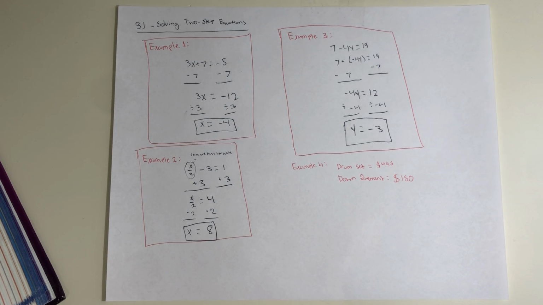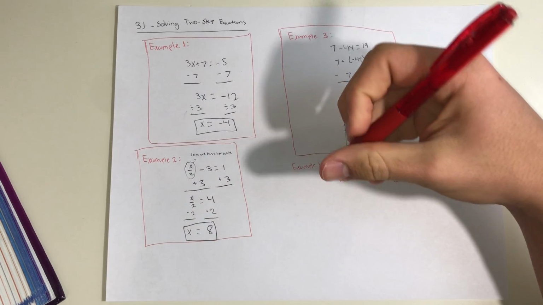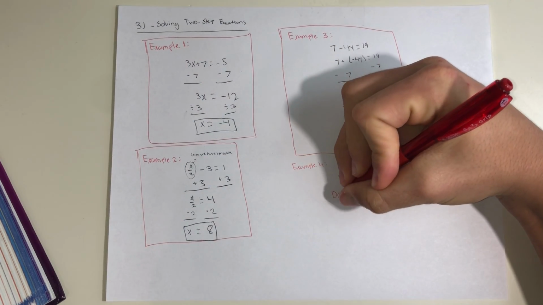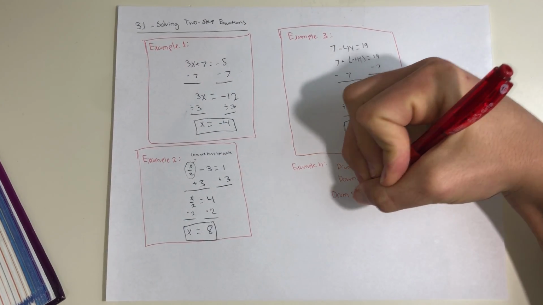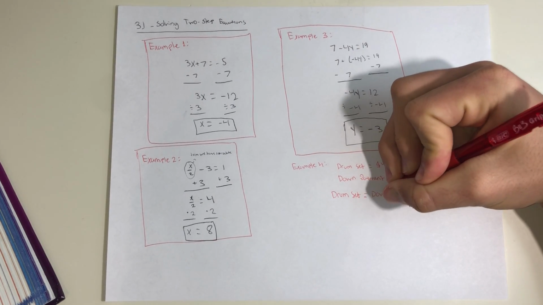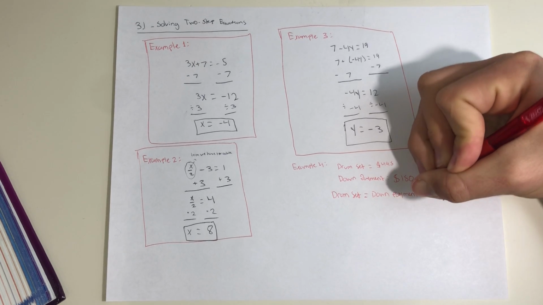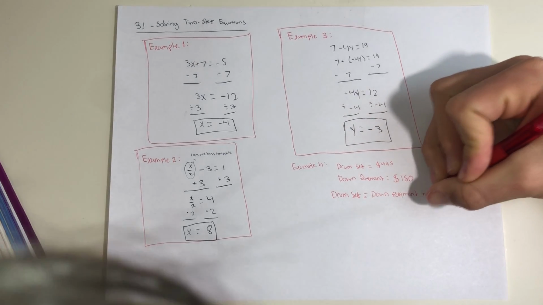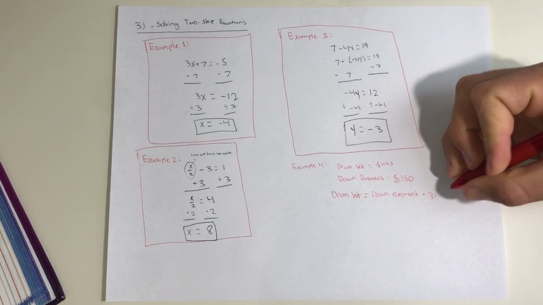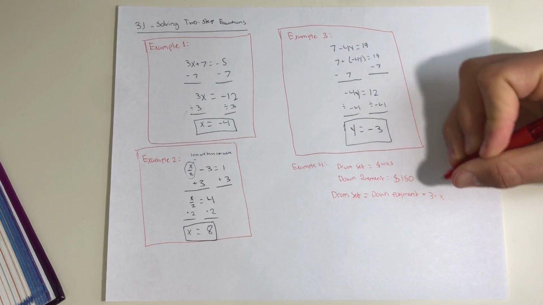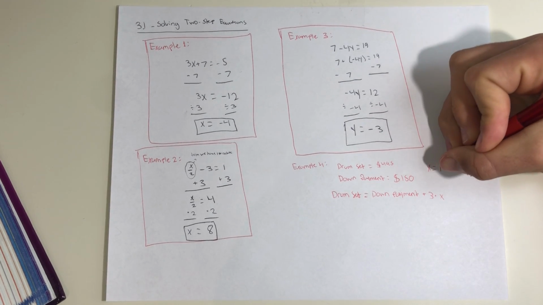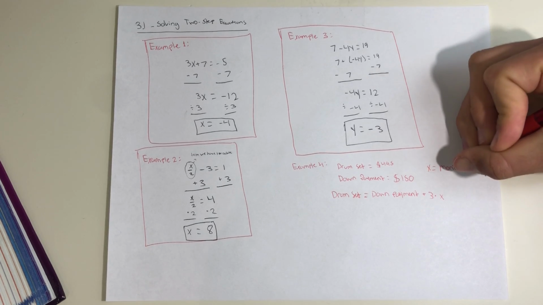First we have to write an equation for what we're going to solve. Drum set equals down payment plus 3, because of the 3 months, times whatever the monthly payment is, x. x equals monthly payment, because this is what we're trying to find.